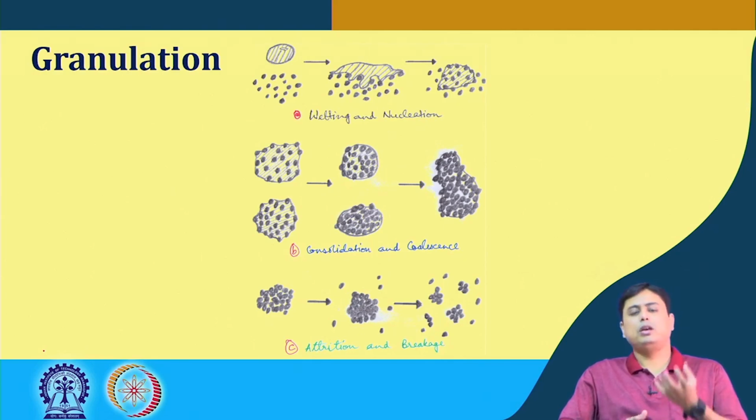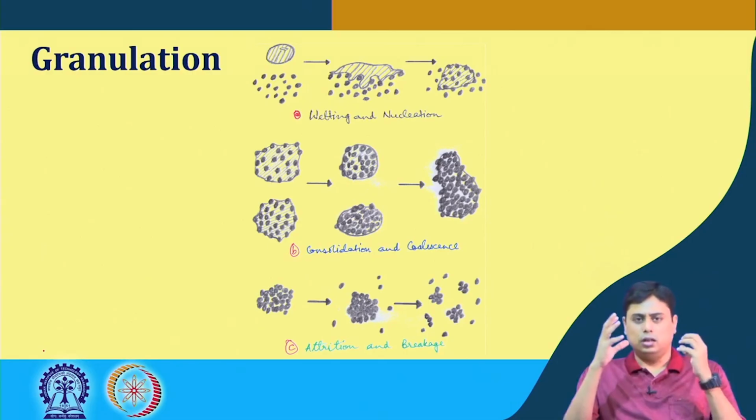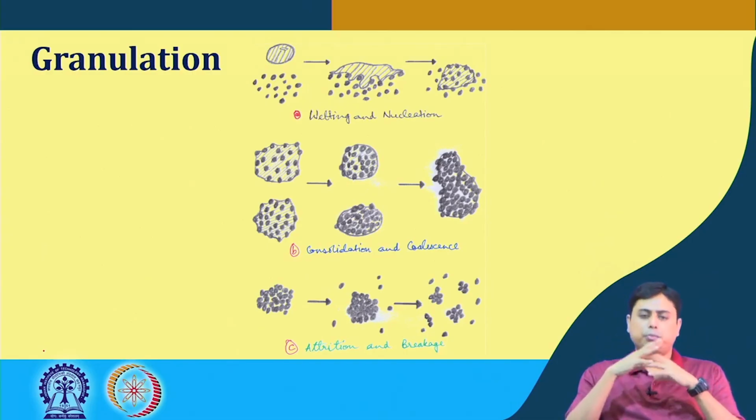That means when we have a bed of fine particles and the liquid binder is sprayed or spilled over this bed, it should form the bridges. In order to do that, it should penetrate through that bed, and while doing so it has to wet the surfaces of the particles. That happens at this wetting stage.